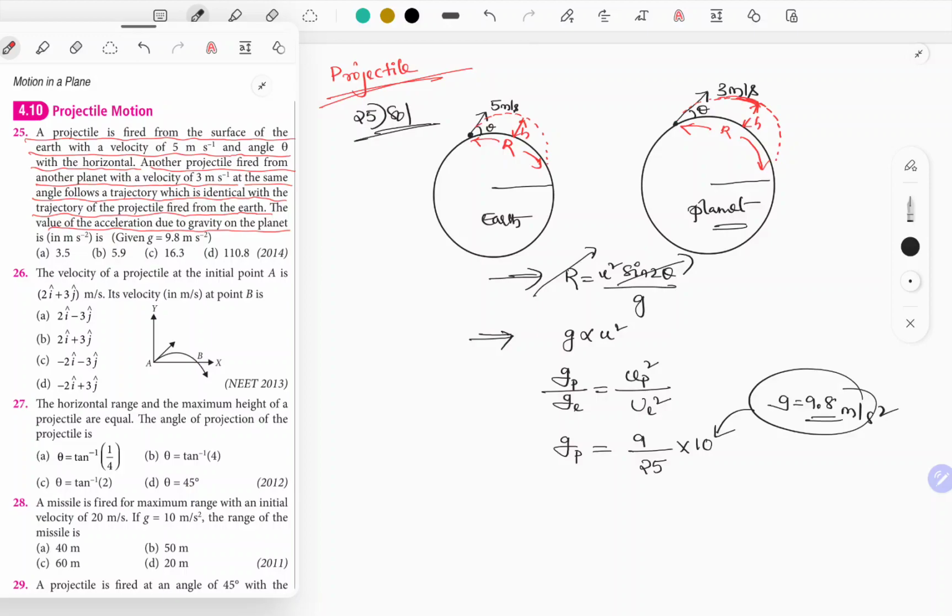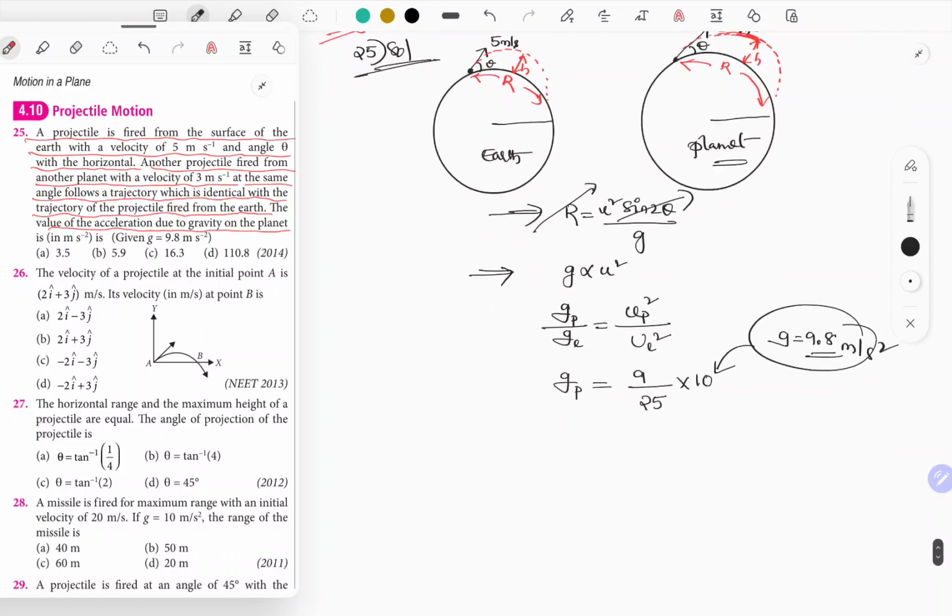I increased it. If I increase the value of g, the g on the planet that I get is a little more than the actual value. Acceleration due to gravity on the planet is 9 by 25, which is 0.36, times 10. Yes, 9 into 0.4, it is going to be 3.6.